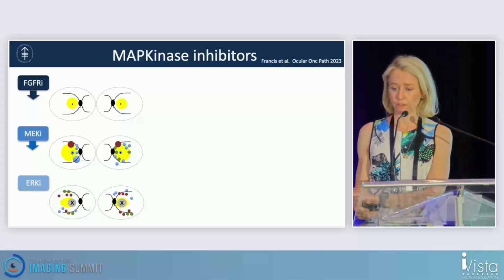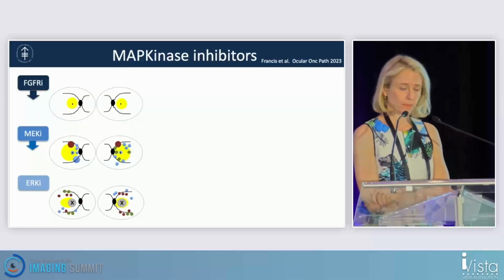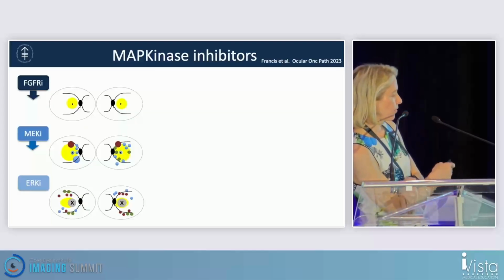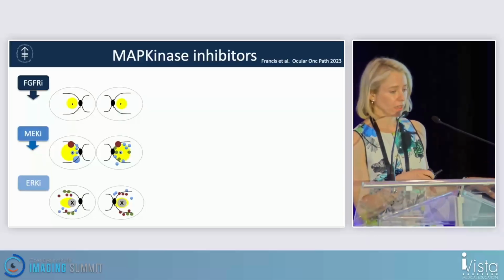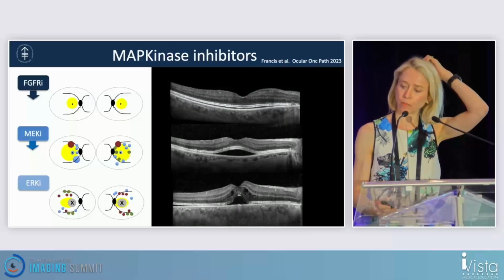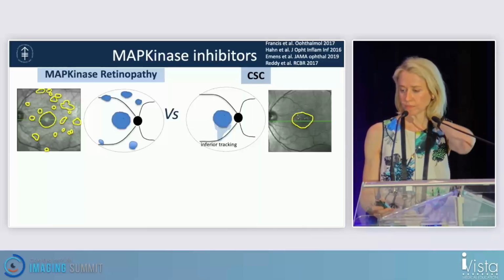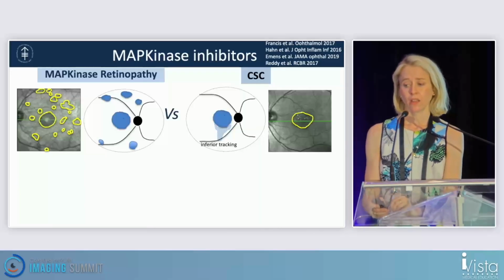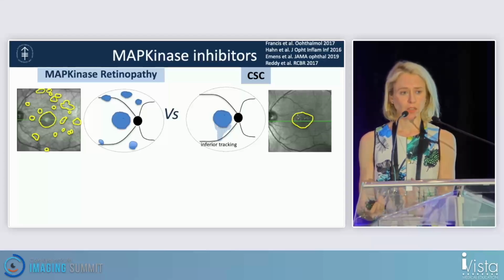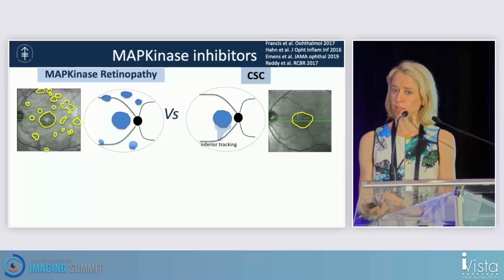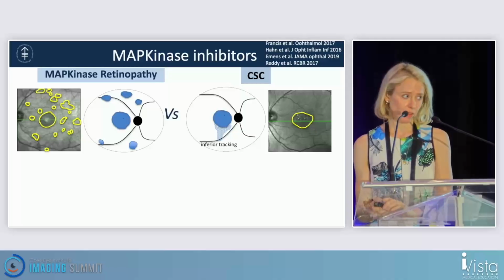Also, if you block higher up in the pathway, more upstream versus more downstream, the downstream blockage gives you more severe retinopathy. Here's an example of that. Early on, when this drug was being developed, there was rhetoric in the literature calling this central serous chorioretinopathy.